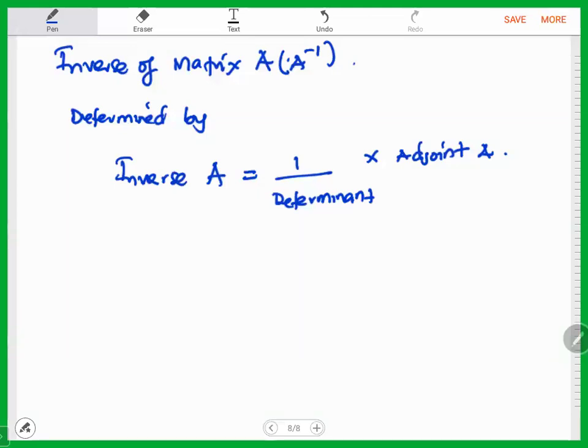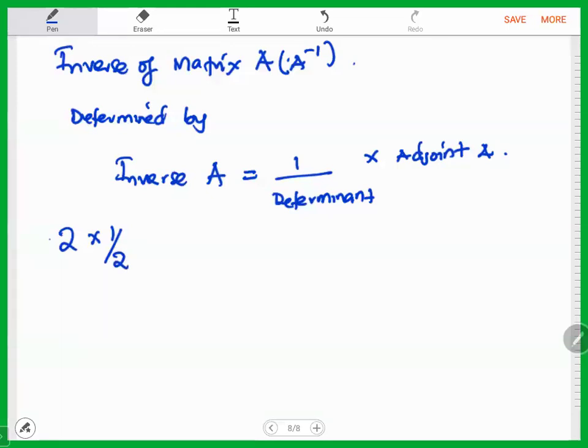Let me ask a question. What is the inverse of 2? It is 1 over 2.